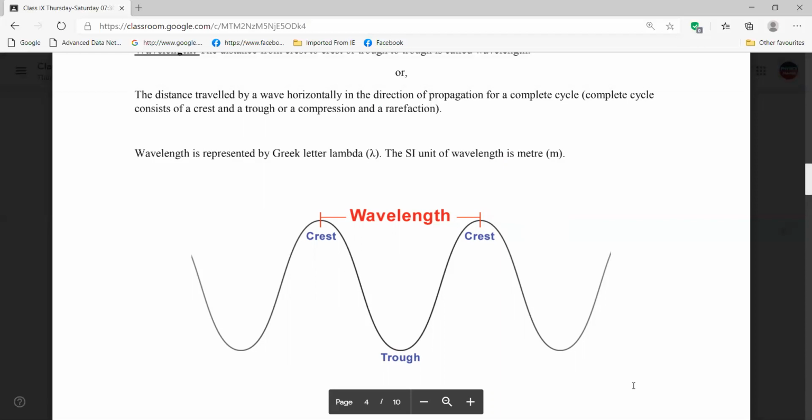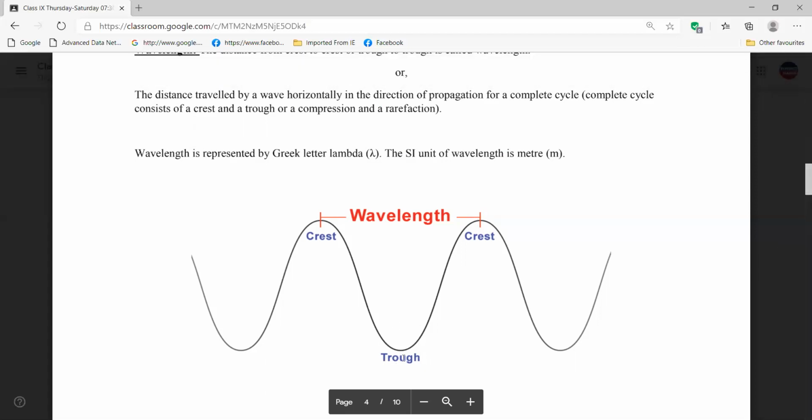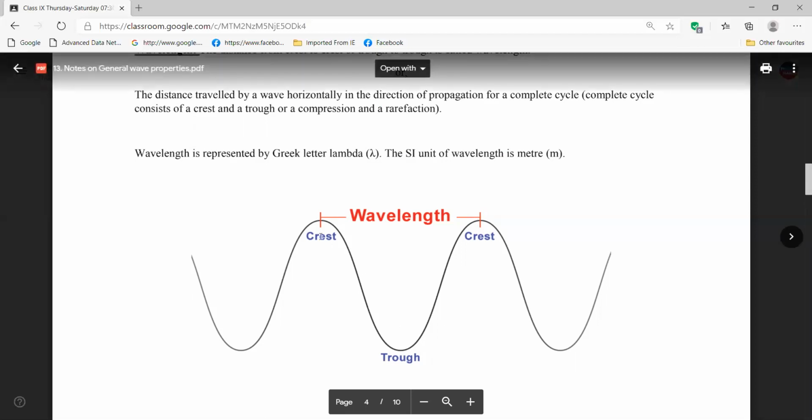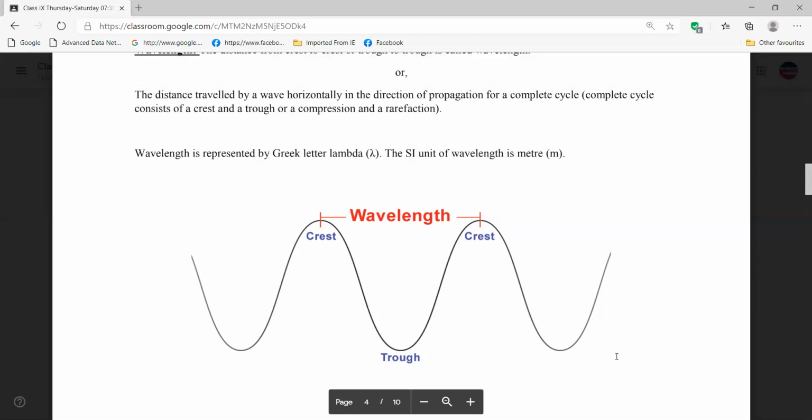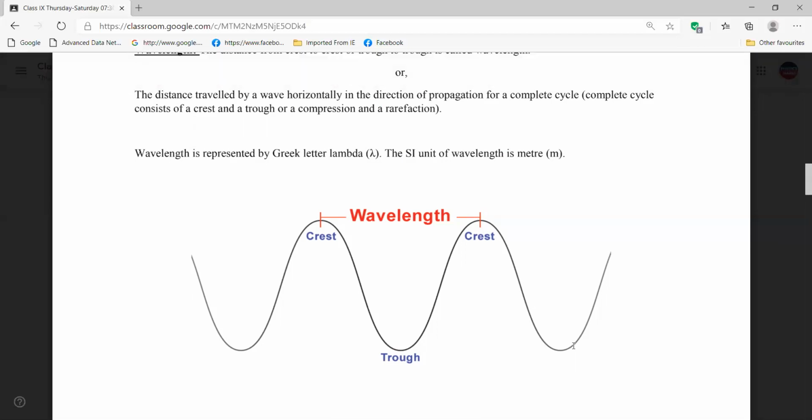Is it clear? In this wave we have two crests and three troughs. Do you understand it? Look, this one is one trough. The first one is one trough and another one is this trough. So is it clear that there are three troughs and two crests?